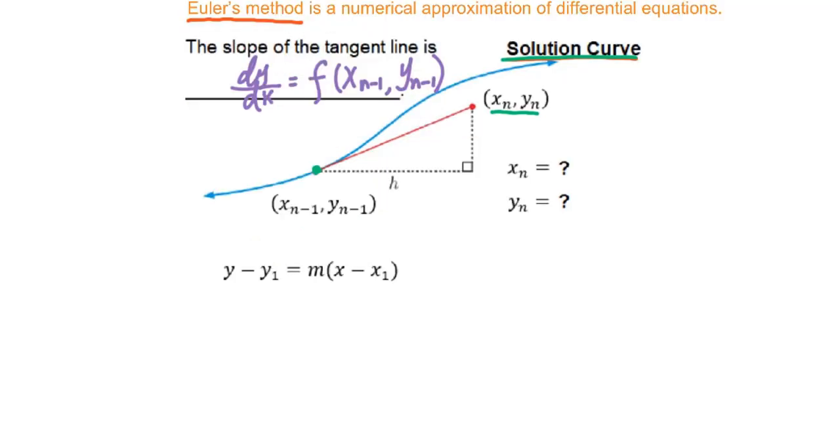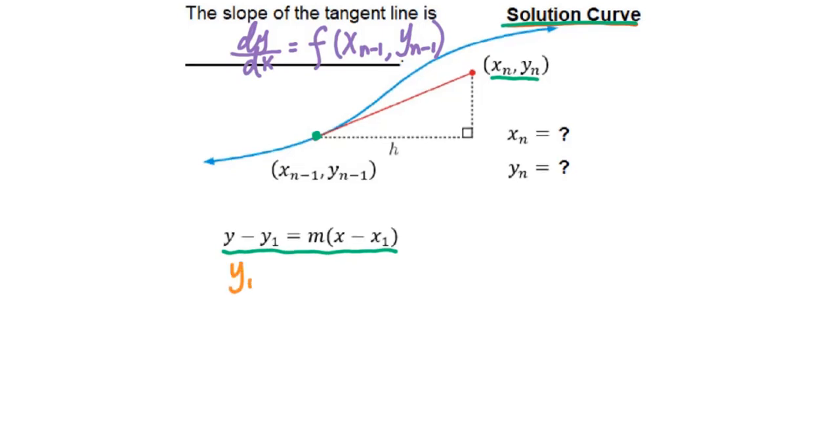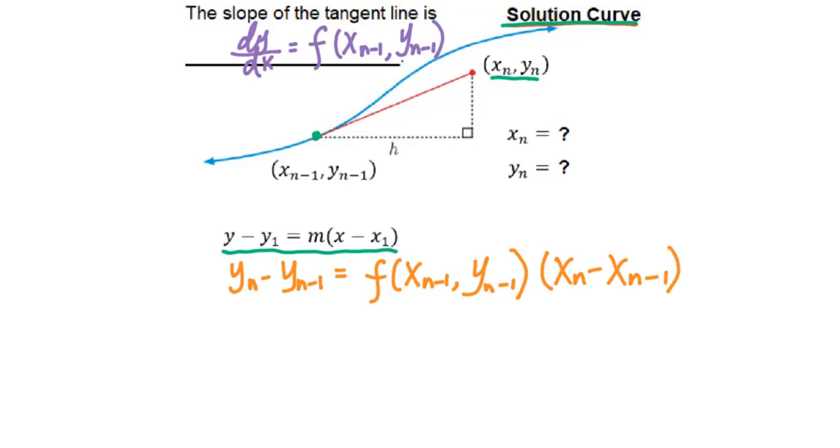Then by using this point slope formula, we can get y sub n minus y sub n minus 1. The slope, we can use this f of x n minus 1, y n minus 1, then x sub n minus x sub n minus 1. This is a slope.